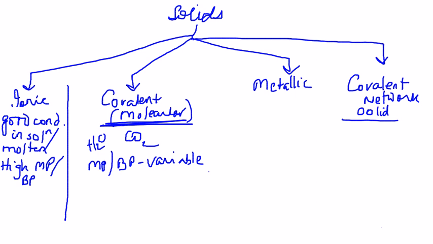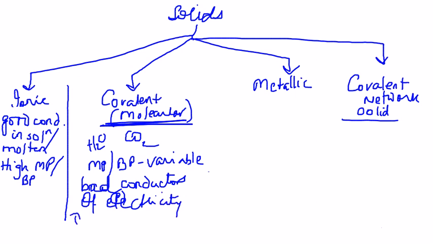So the melting point and boiling point are variable, but they are still lower as compared to ionic compounds. These are not going to be conductors of electricity. They are bad conductors of electricity. But since these are discrete molecules, a lot will depend on the intermolecular forces of interaction that are present in these kinds of solids.